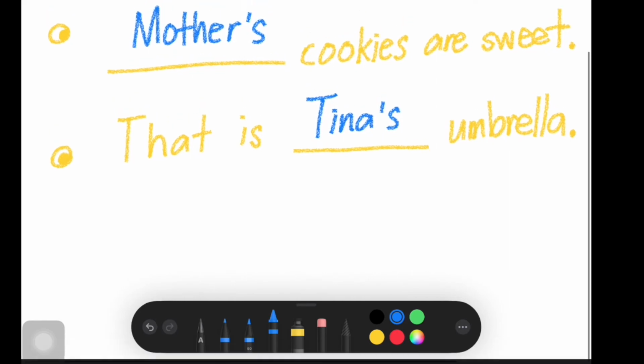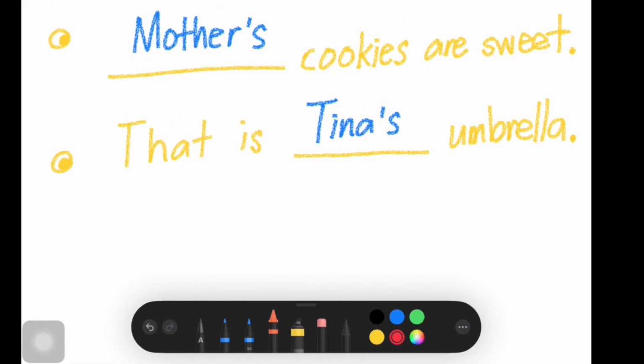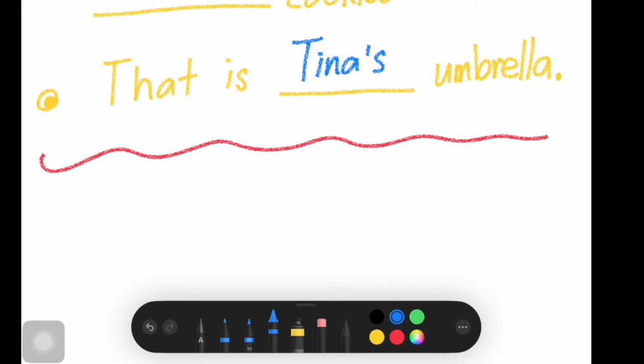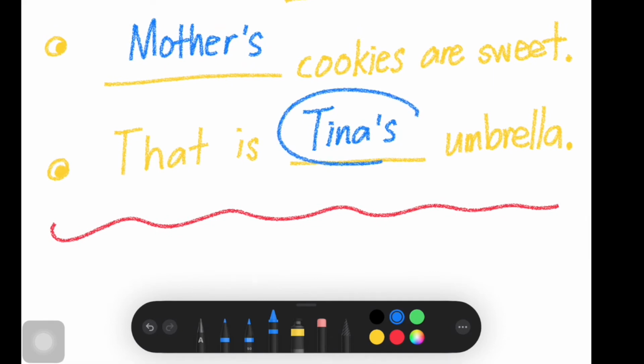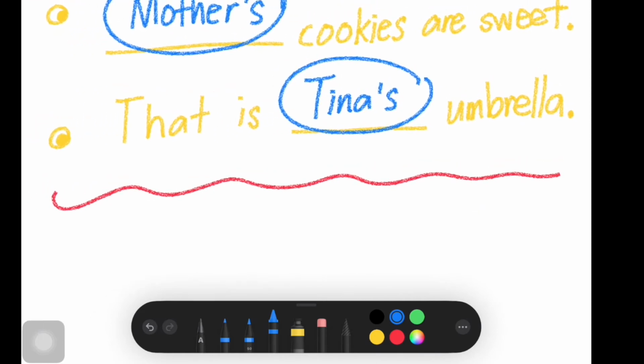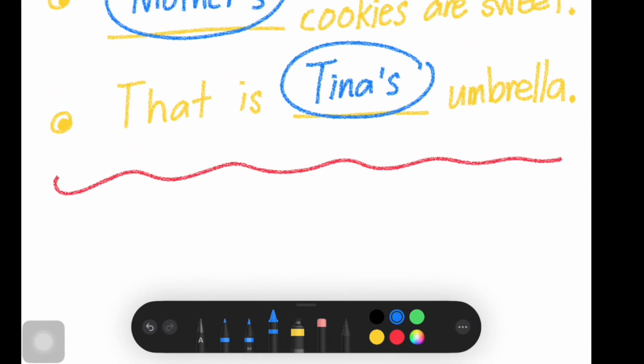Now, I just want to add a little bit of a discussion here, because most of my students always mistake these type of adjectives, the ones with apostrophe S. They always mistake them as nouns, because actually these are possessive nouns.